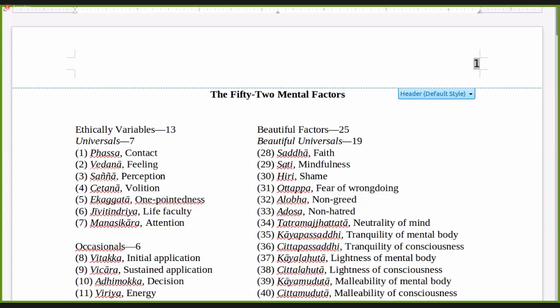Sometimes Saddha is described as Adhimokkha, but in that case it is Saddha. Here it is a distinct mental factor called Adhimokkha, or decision.